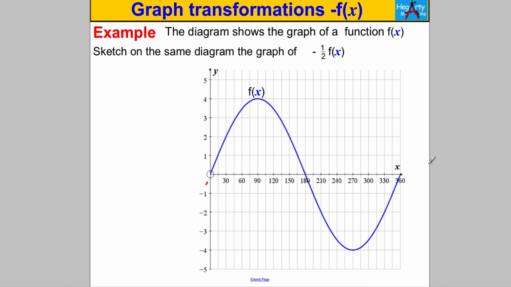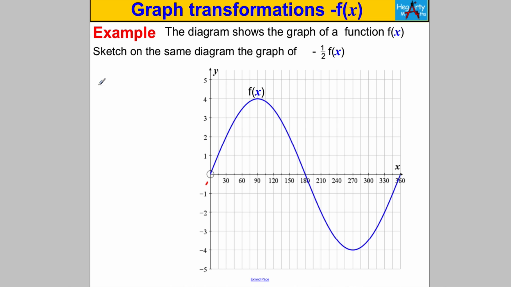Okay, another question. Pause the video and have a think about this one. Okay, the diagram shows a function f of x, which is given to us. We're asked to sketch on the same diagram the graph of negative a half f of x. So two things are going on here really.